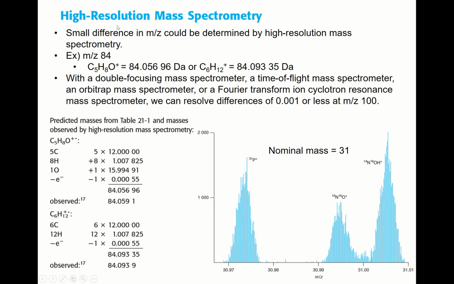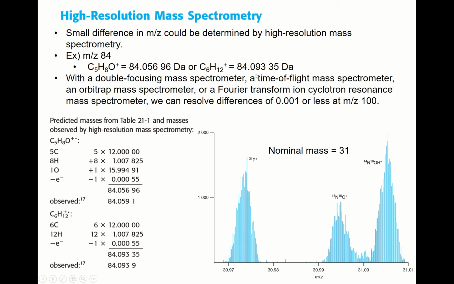High resolution means that this mass spectrometer can distinguish very small mass differences. How small? Let's look at the exact mass for these two compounds. This one's exact mass is 84.05696. But for this one, the mass number is 84.09335. So there is a difference in the second decimal point.